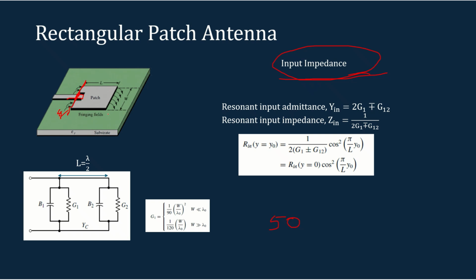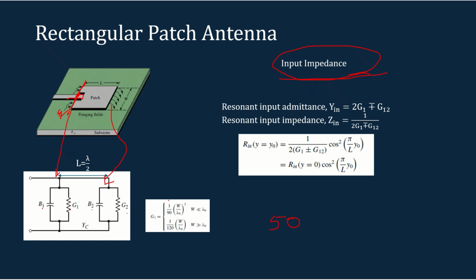Based on the equivalent circuit, these radiating slots can be considered as a parallel combination of resistance and conductance. As these dimensions are the same, B1 and B2 are the same, and G1 and G2 are the same.